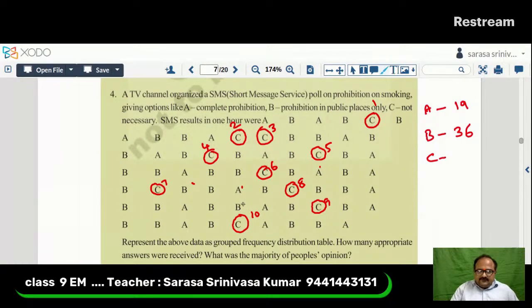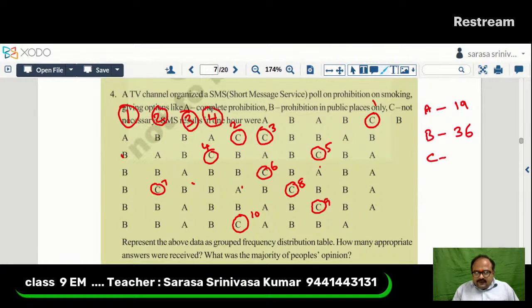Let us cross check the first column. It is verified. Next, second column, also verified. Third column, verified.